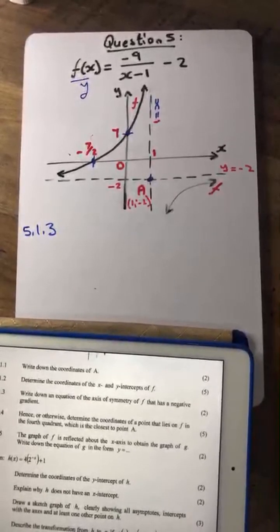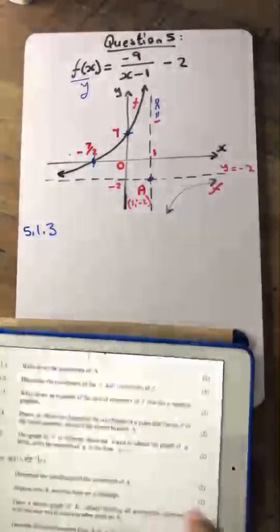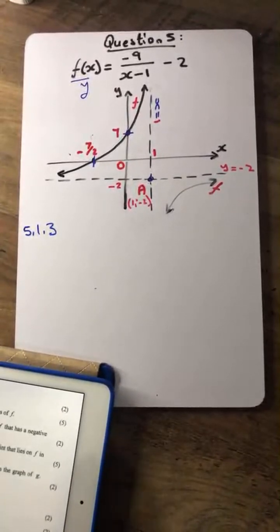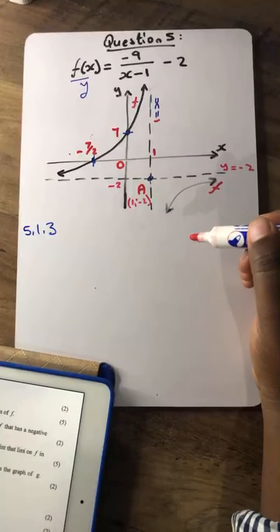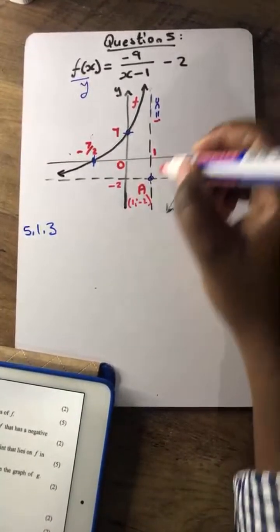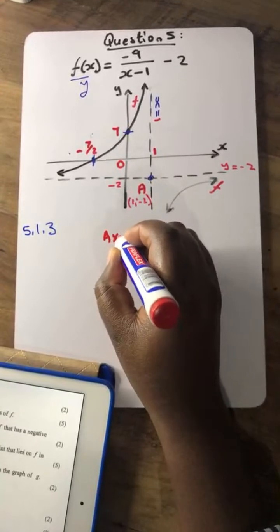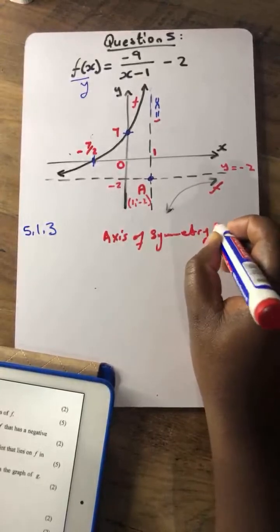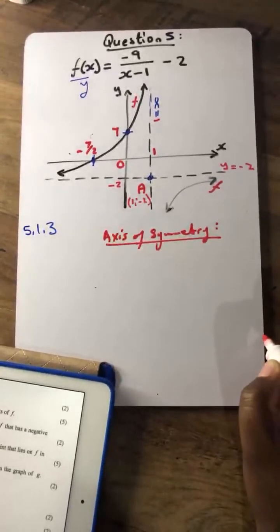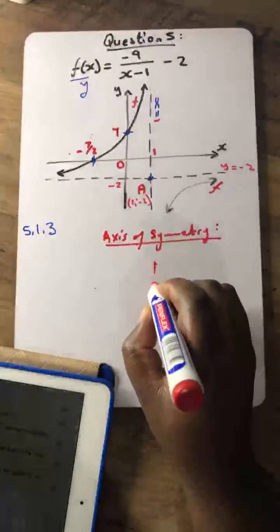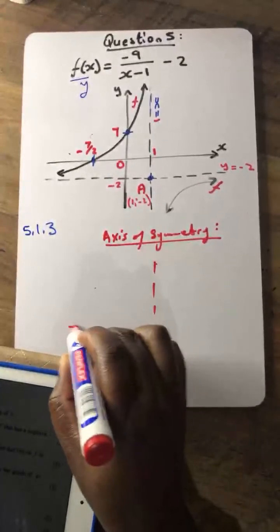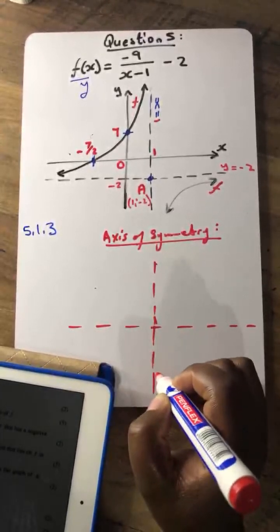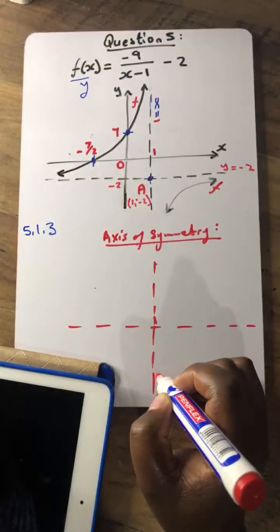Okay, this is what I'm going to do. I'm just going to give you guys a hint, just to remind you. Always, when they talk about the axis of symmetry, remember it is that line that makes a cross where your asymptotes intersect.